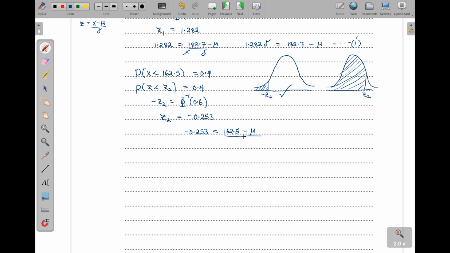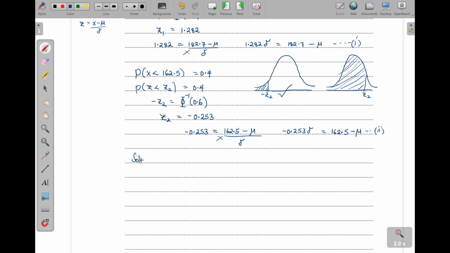Then we divide by the standard deviation. Okay, now from here I can cross multiply, and then we have negative 0.253, the standard deviation, then is equal to 1.6. It is 162.5 minus the mean. So that is the second equation.